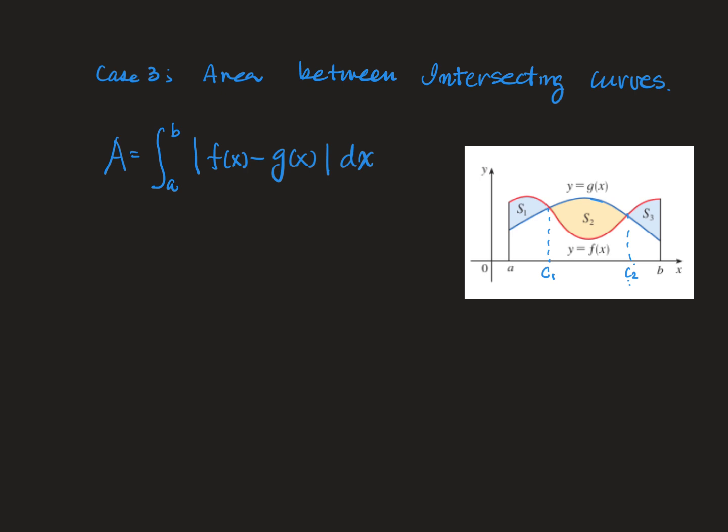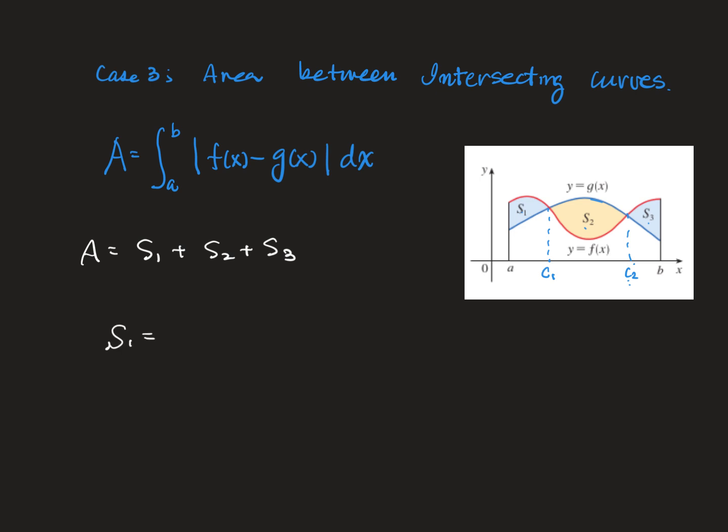So we're going to find this area as S1, S2, S3, three different regions. A is going to be the first area, second area, and third area. For each area, you have to decide which is the upper curve and which is the bottom curve.